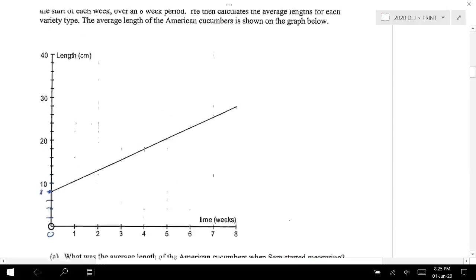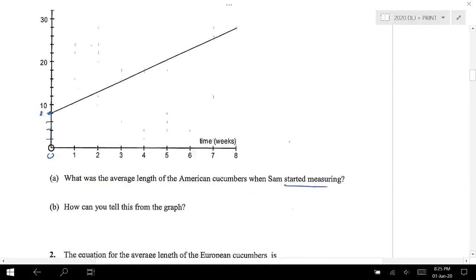So 8 centimeters. And how can you tell this from the graph? It's where the line intersects the y-axis.